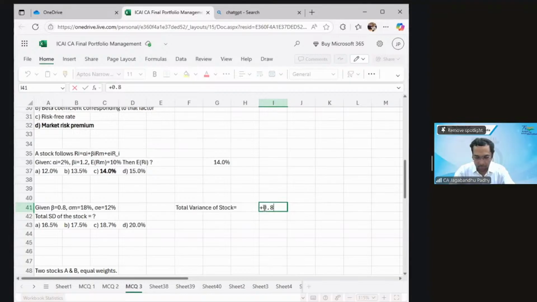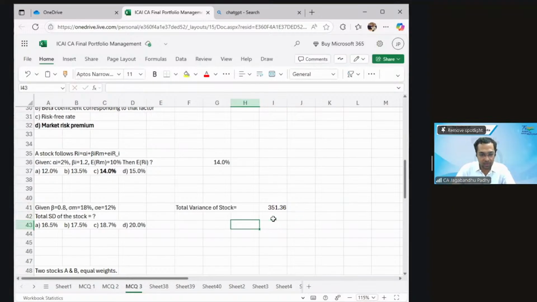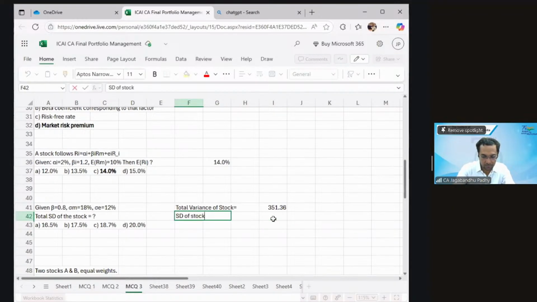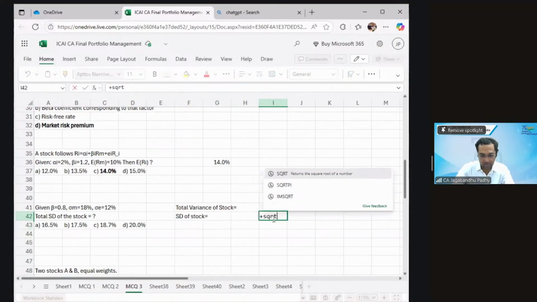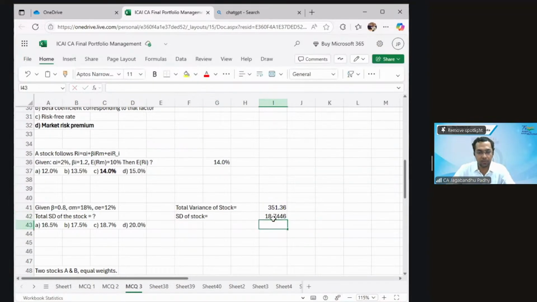That will be beta square into 18 square, which is variance of market, plus 12 square, which is variance of the security, variance of the error term. This is the total variance. And then we have standard deviation of stock, which will be square root of this one.